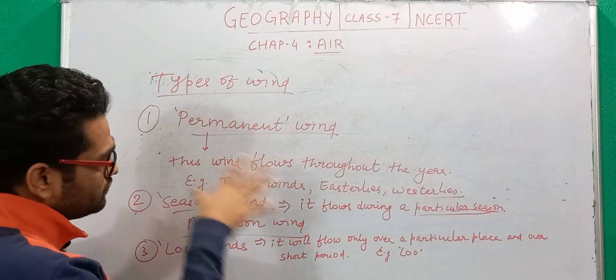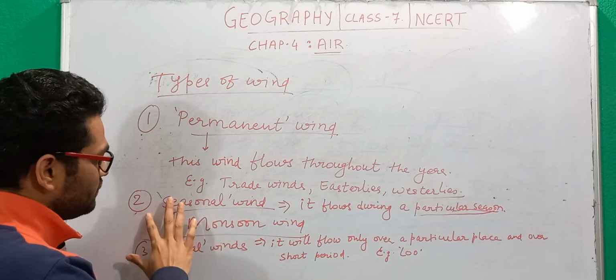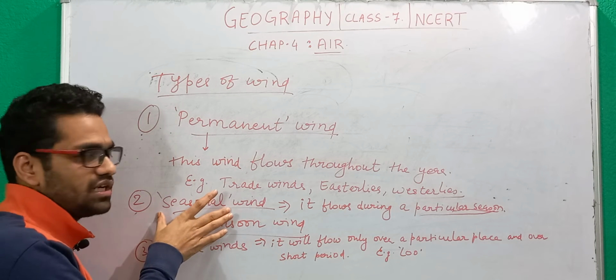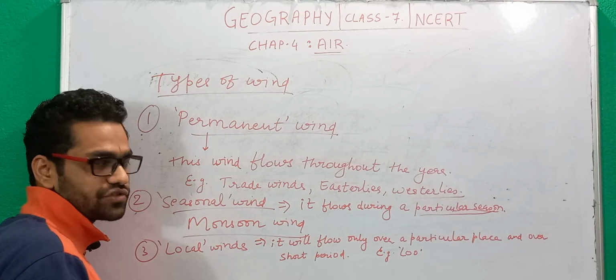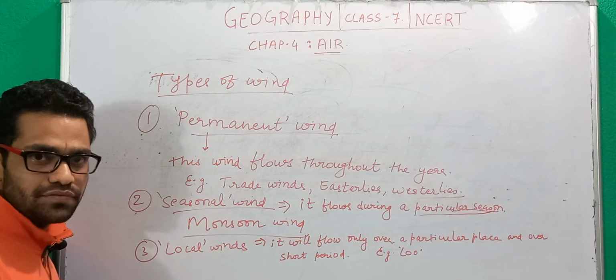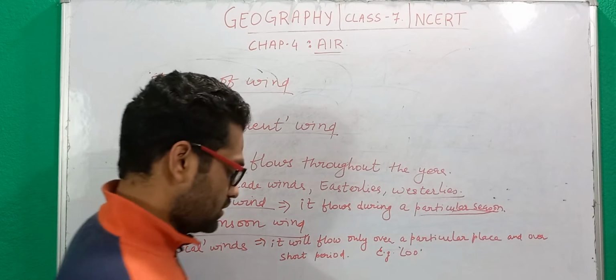Now we will try to understand seasonal wind. You do not have to understand in much detail. It's the name itself that gives you much more explanation. And then we have local winds, for example Lu, nor'westers, Kal Baisakhi, the same names.